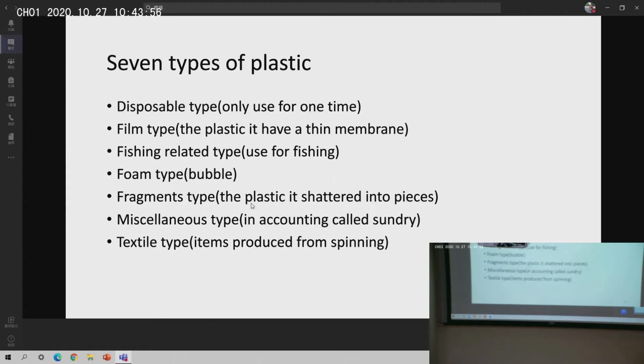And I will introduce 7 types of plastics. The first type is disposable, the second is film type, the third is fishing related, the fourth is foam, the fifth is fragment, the sixth is miscellaneous, and the seventh is textile. I will talk about the plastics later.